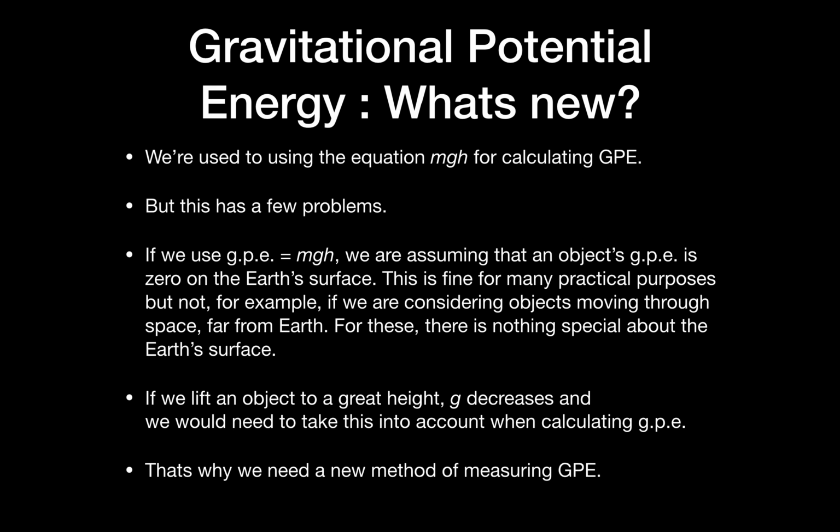Therefore, the gravitational field strength reduces. However, in mgh, it is a built-in assumption that g is constant, which causes a lot of problems. Again, if you take an object that is light years away, like billions of meters or so, it becomes impossible to determine an accurate value of g. Therefore, we needed a new method of calculating GPE.